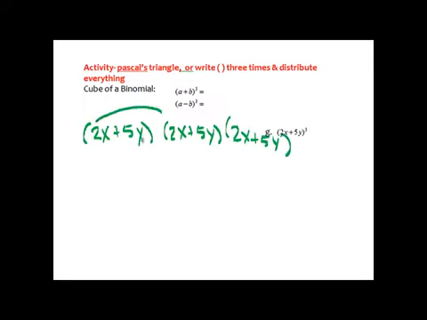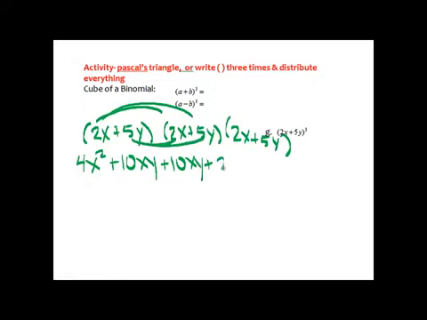I'm going to distribute 2 times 2. Make sure you've got the squared there. There's a lot of chances to make mistakes doing it this way. 2x times 5y. Okay, distribute here. And distribute 5 times 5.